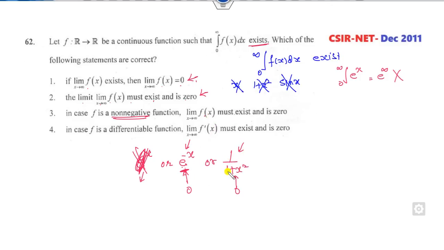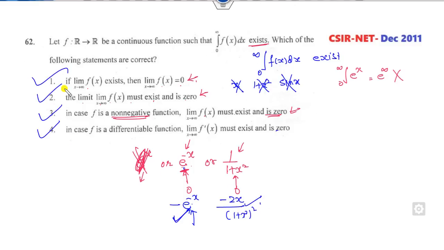Limit must exist, that's correct, and it's 0, that's also correct. f is a differentiable function, so if I take the derivative of this, then the limit of f dash must exist, yes, correct. 0, correct. Infinity will be 0, so all are correct options in this example.